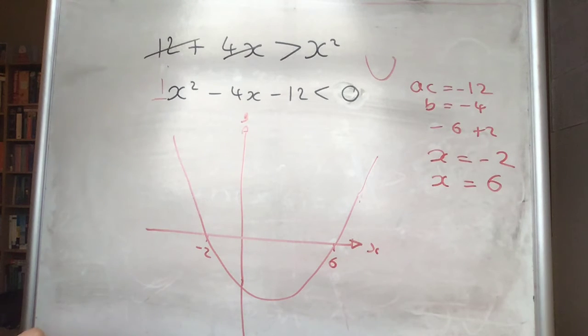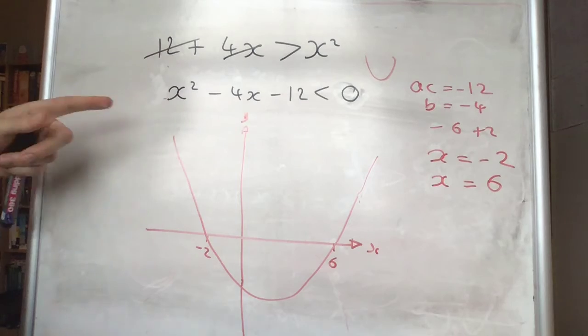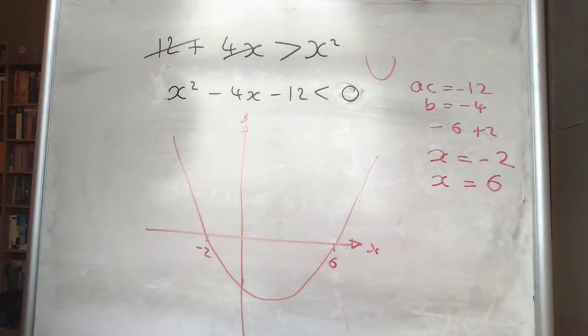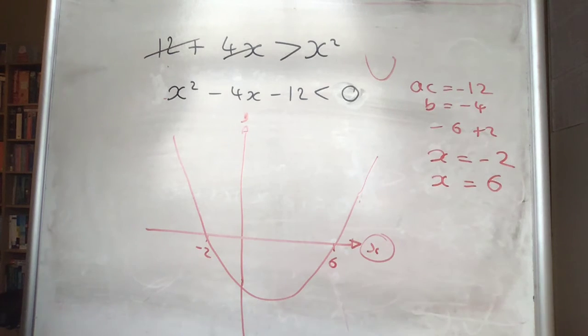Okay, and at this point we want to actually solve the inequality. So we know that x squared minus 4x minus 12 is the inequality. It's the same as what we had originally, but we just rearranged it. And so we're looking for the places where it is less than 0, less than our reference point here.